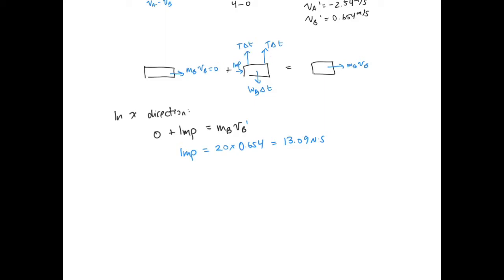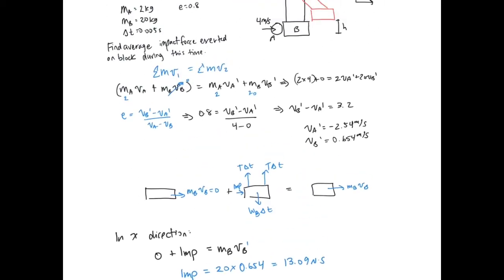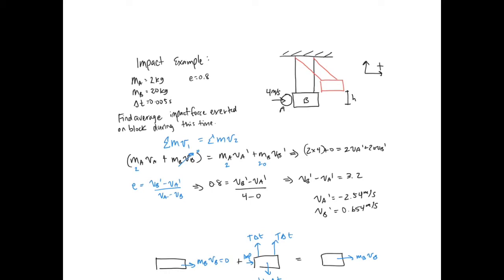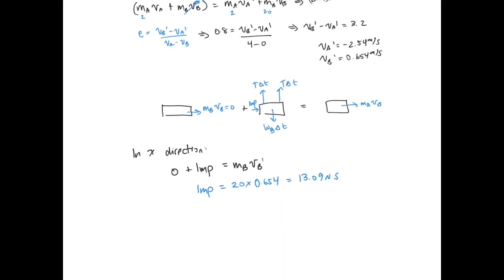Now, if we look at what the question was asking, the question was asking us to find the average impact force. So it wasn't asking us for the impulse of the ball on B, it wants the actual force. And we know the delta T, so we have one more step until we're finished.